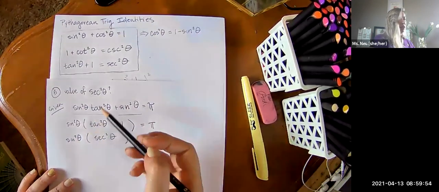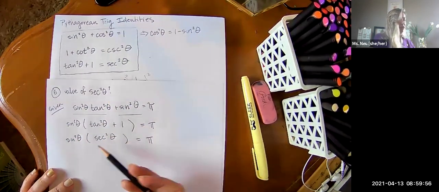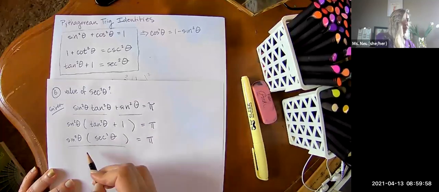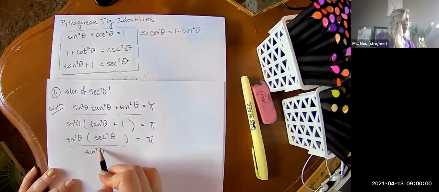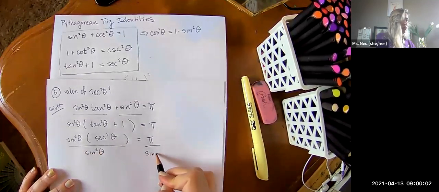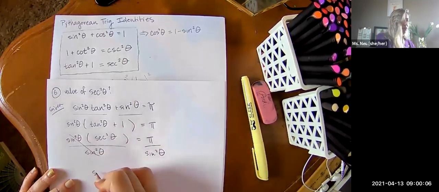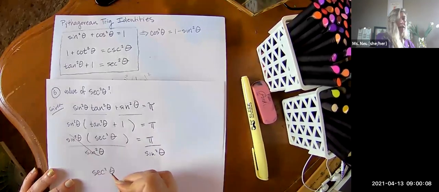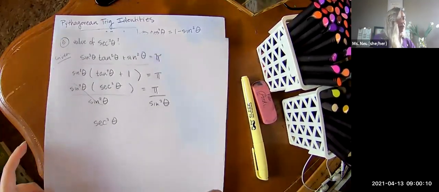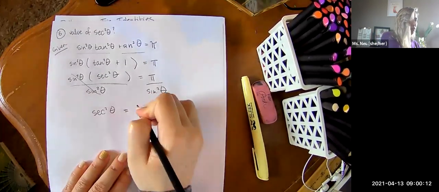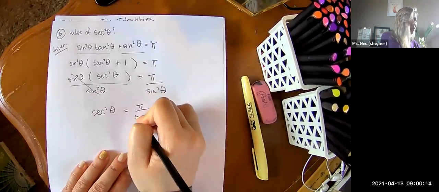And then to get this by itself, all I have to do is divide. And secant squared theta then equals, oh my gosh, pi over sine squared theta.